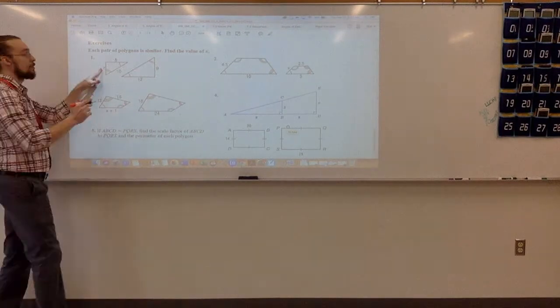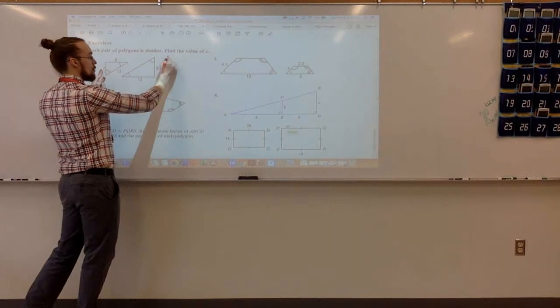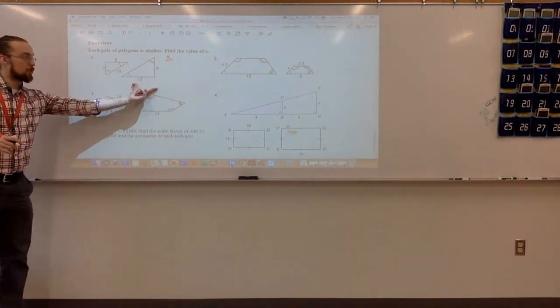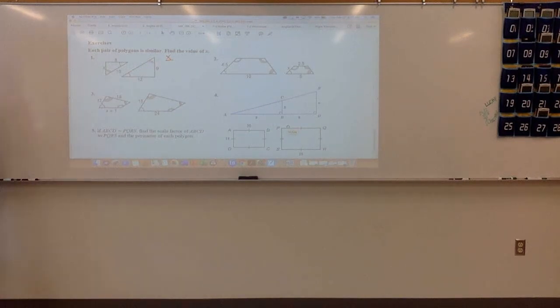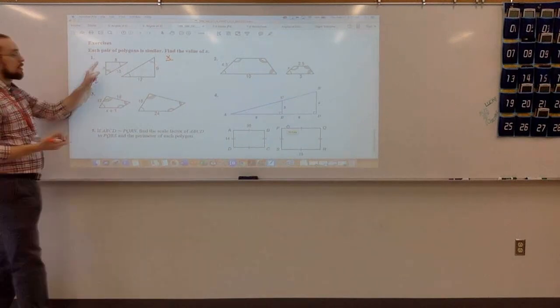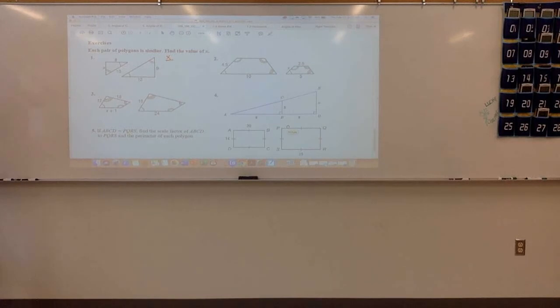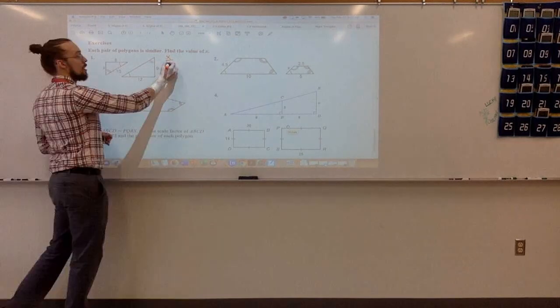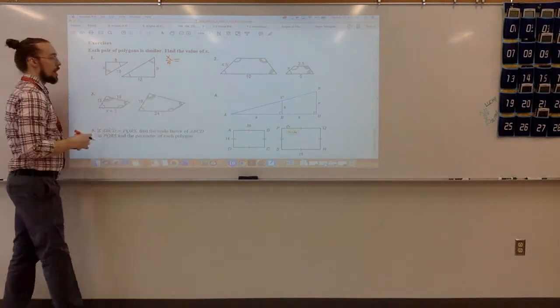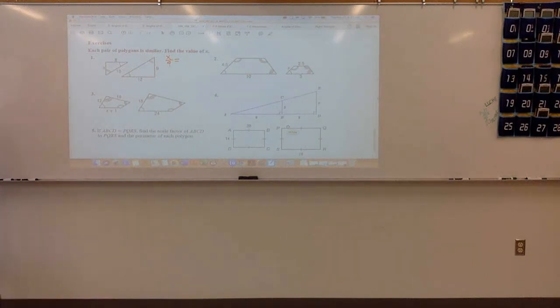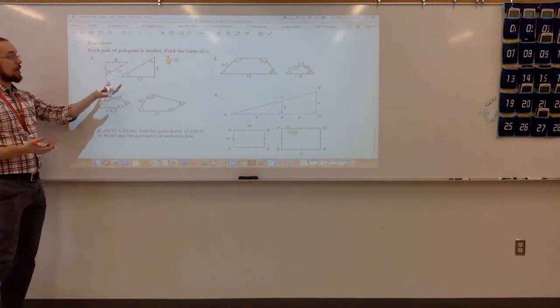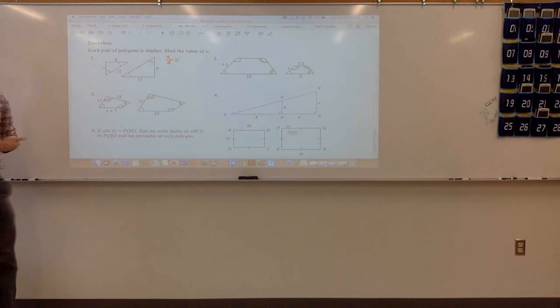Okay, so I guess I can give you a little push in the right direction for number 1. If I want to solve for x, I first need to figure out which side in this triangle corresponds with that. So which side in this triangle is going to match up with x in this triangle? 9. Yeah. So we can say x over 9 equals, and then I need to pick a pair of sides that I know both of their measures.